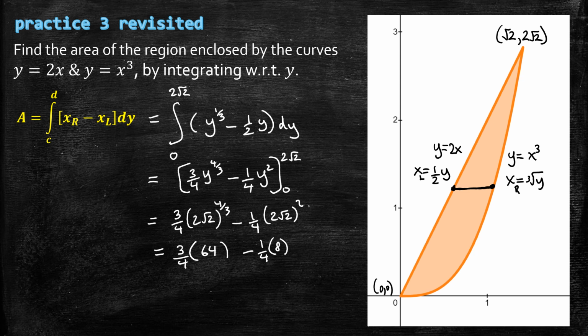So I'm going to do the 4th power, leave the 3rd root there for a moment, and then I'll come back and do that. The 3rd root of 64 is 4. And then the 4's cancel here. 4 into 8 goes twice, and the answer comes to 3 minus 2, which is 1 square unit, which is exactly what we got before using vertical line segments.